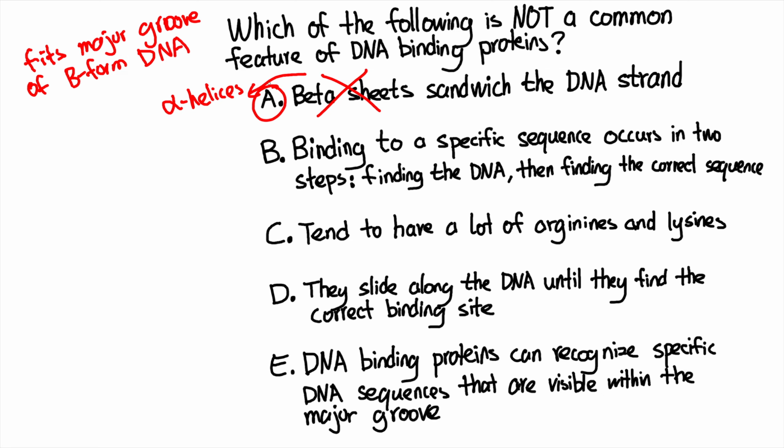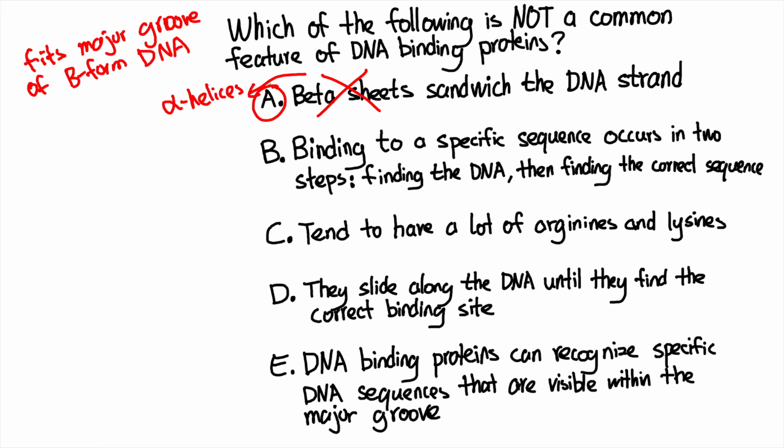Option number B says binding to a specific sequence occurs in 2 steps: finding the DNA, then finding the correct sequence. And that is a common feature. Binding does occur in 2 steps. First, you have to be able to find the DNA.